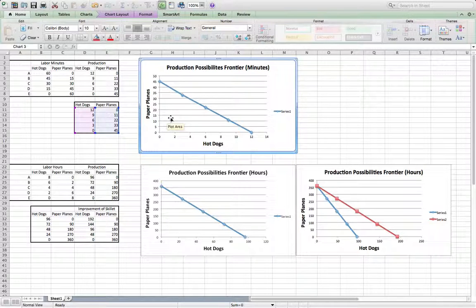So I could make any combination of the goods with the resources I have, but it's not going to be an efficient use of those resources because I can produce at this level of the line over here. Whereas anything to the right of that curve is going to be impossible at the current level of production. Given the current technologies that I have, I cannot produce anywhere to the right of that first line.